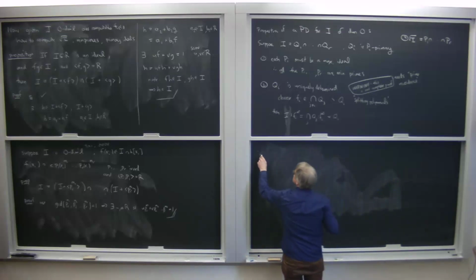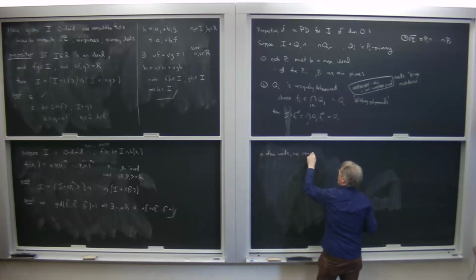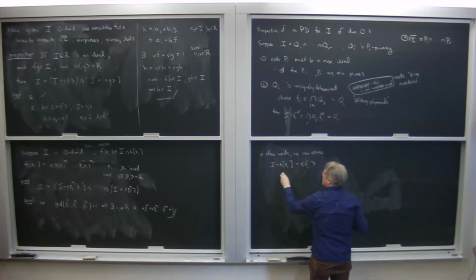So in other words, we can assume, if we want, that I intersected with K of Xi equals some Fi, and Fi is an irreducible polynomial.